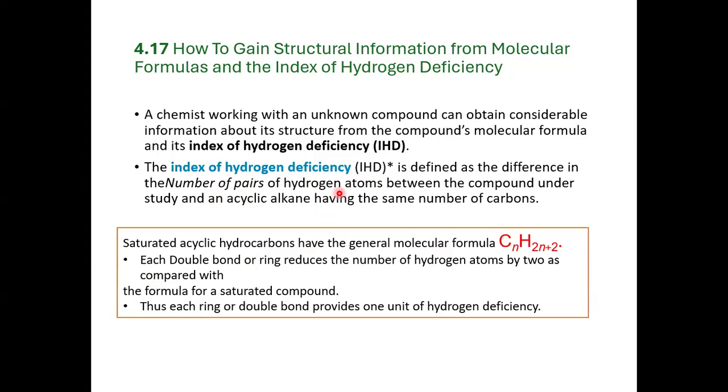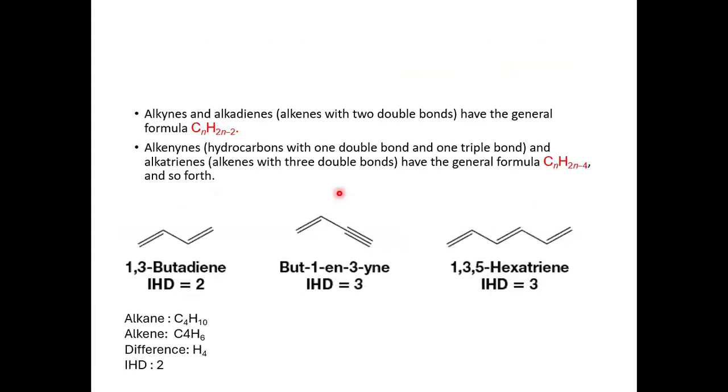For every index of hydrogen deficiency, it's a pair of 2 hydrogen atoms, H2. So if the index of hydrogen deficiency is 2, then for every double bond one pair of hydrogen is eliminated, and you expect there are 2 double bonds.